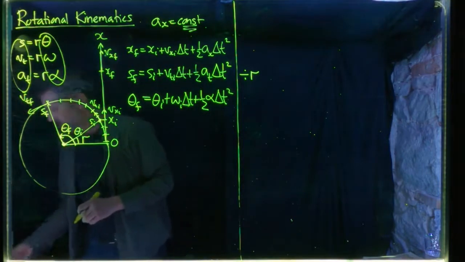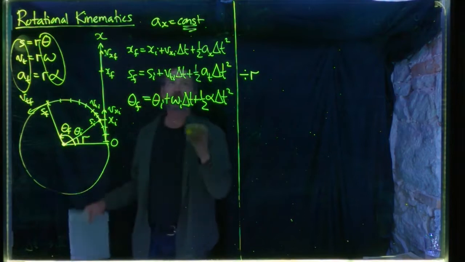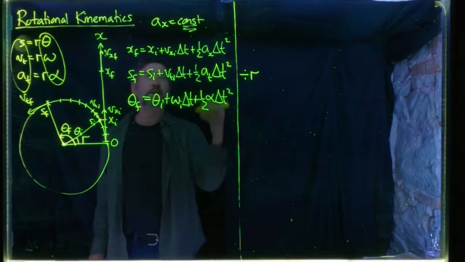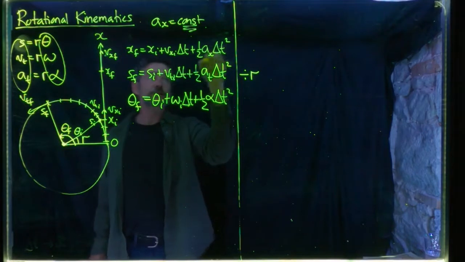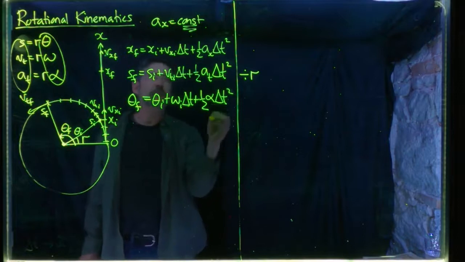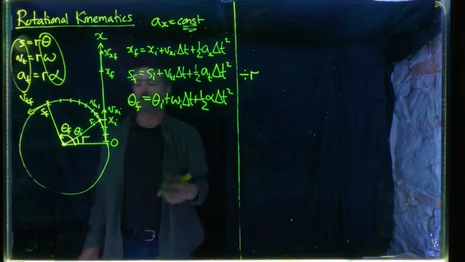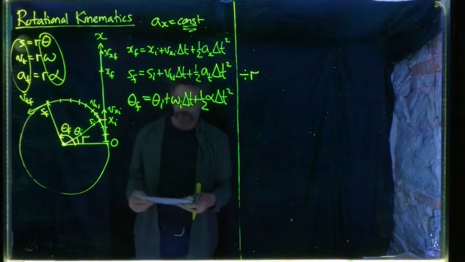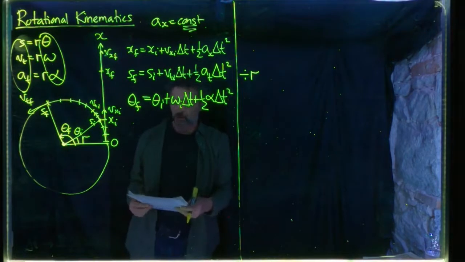So let me speak a little bit more generally, because this formula here is a very special case, valid for constant linear acceleration, and these two formulas are very special cases, valid for constant angular or tangential acceleration. Okay, but let's proceed more generally.